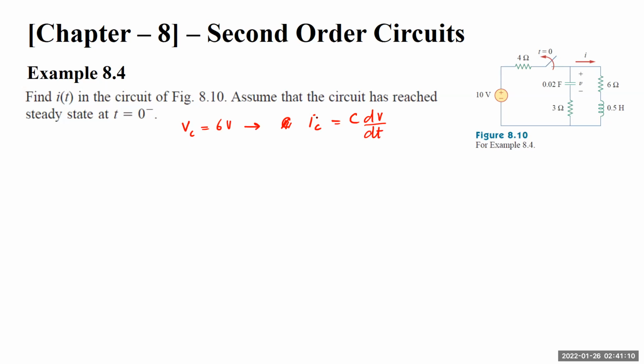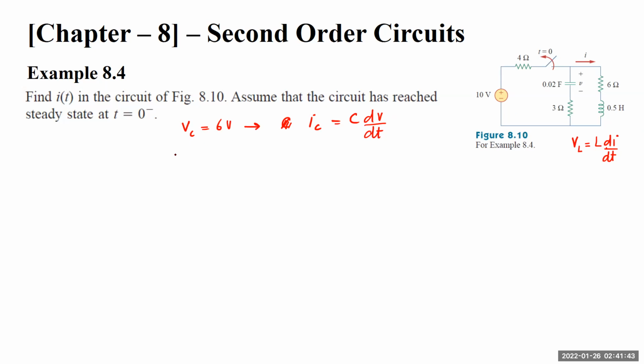The other thing we get is that for an inductor, VL is equal to L times di by dt. So this is the second case which we have. Remember that we have to find this di by dt value.